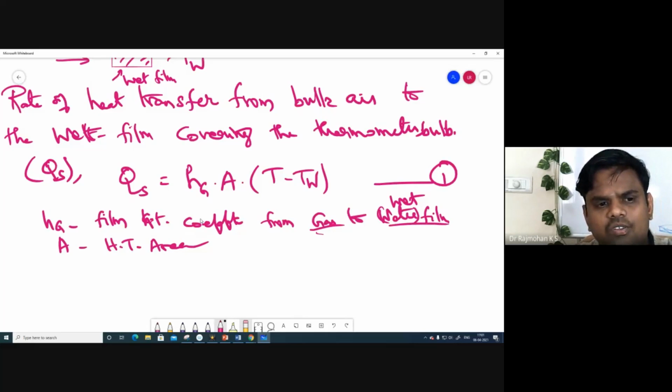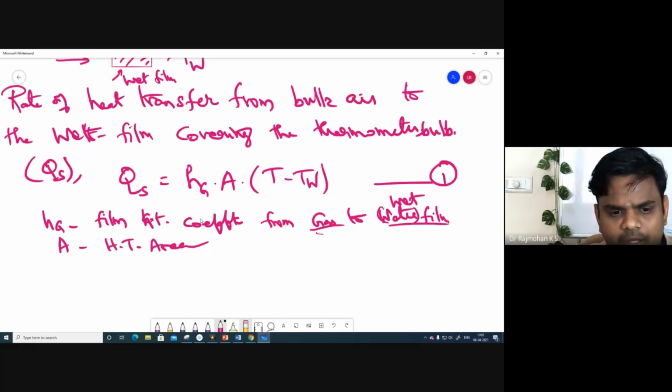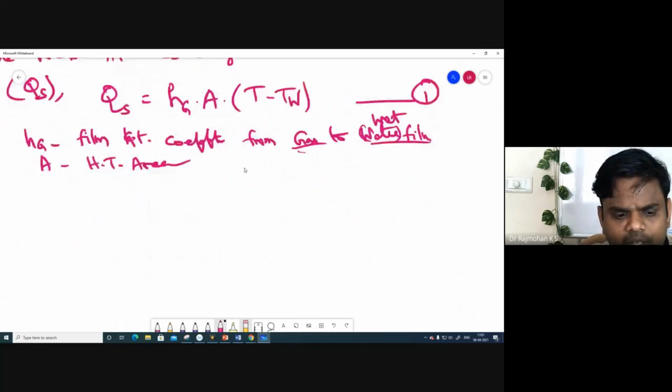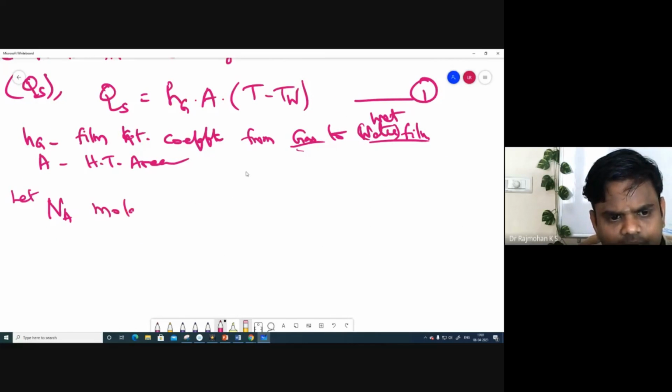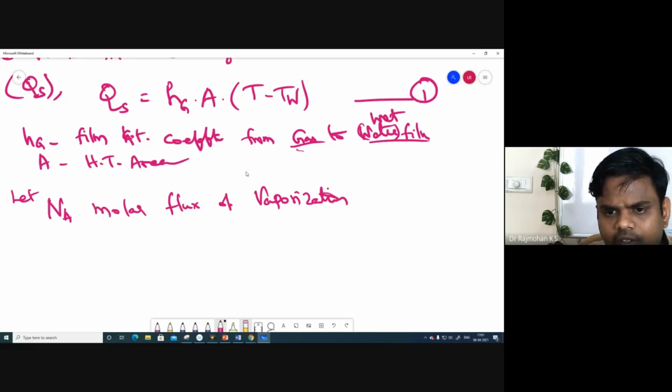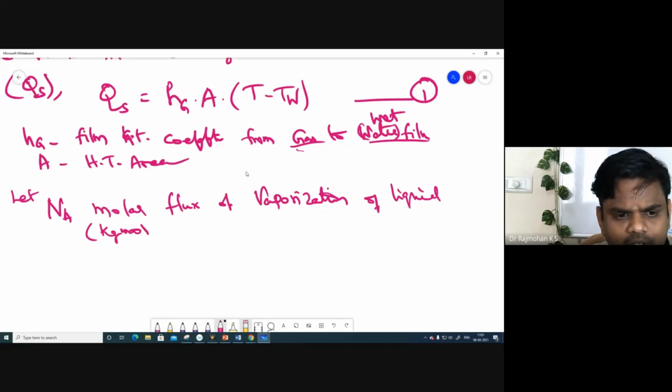Now what to do? We can have mass transfer taking place, right? With respect to the film, we have vaporization taking place from the film. We can say NA is the molar flux of vaporization of liquid. What is the unit of flux? Kg mole per meter square second.